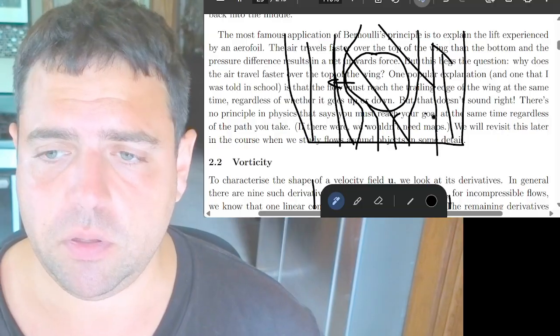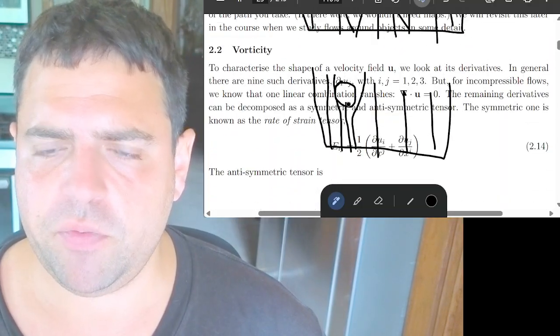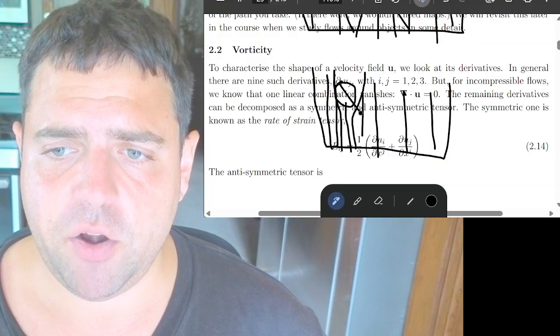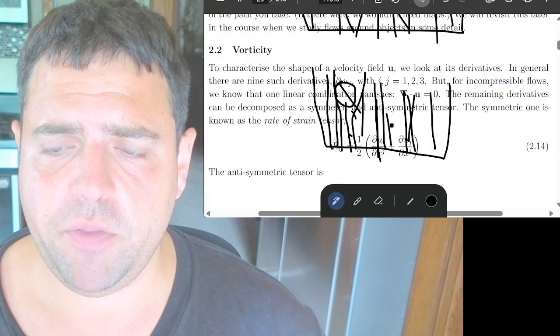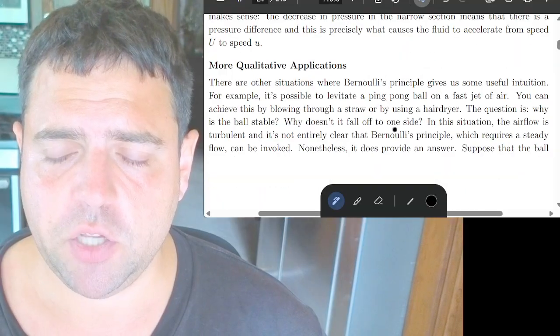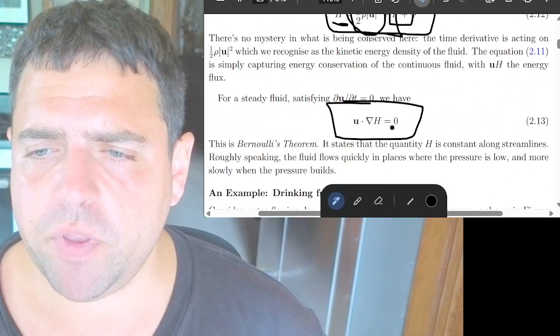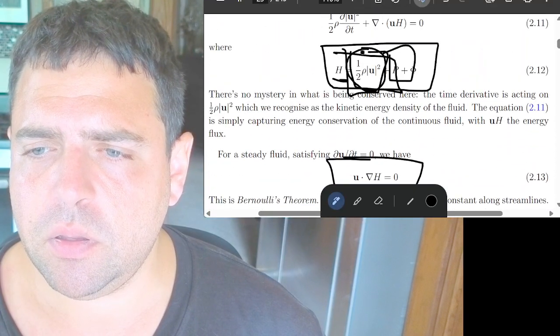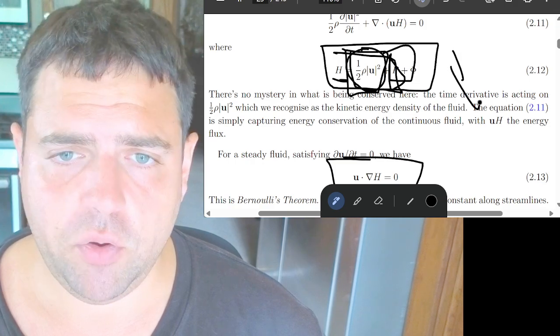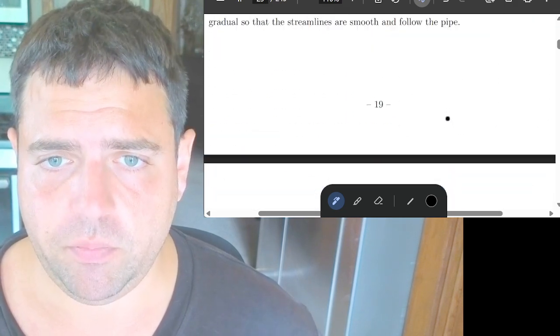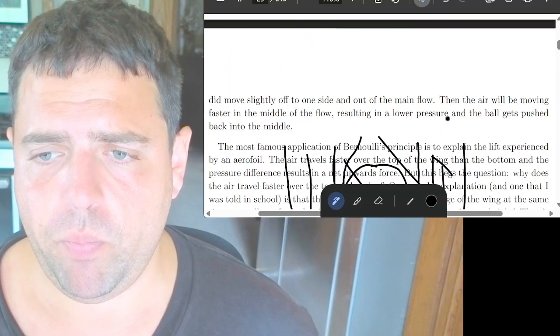So if we move it over to here, this air is moving slower than this, and this air is moving really, really fast. So because of Bernoulli's principle, when air is moving faster, the pressure has to go down.